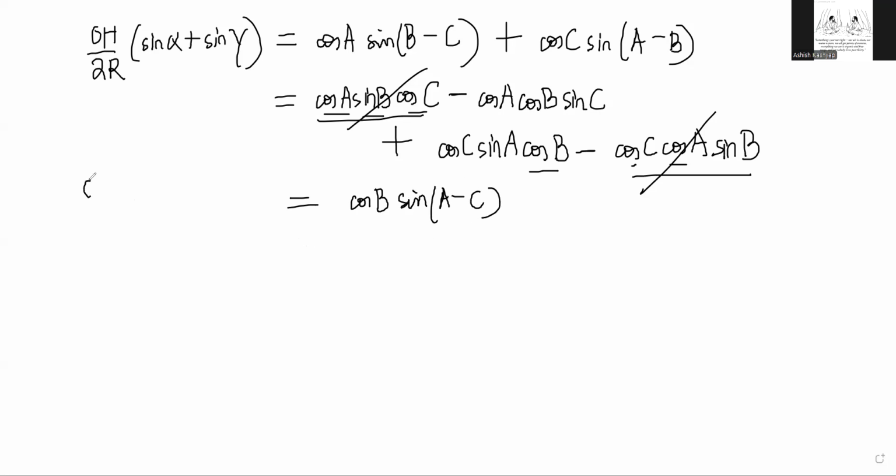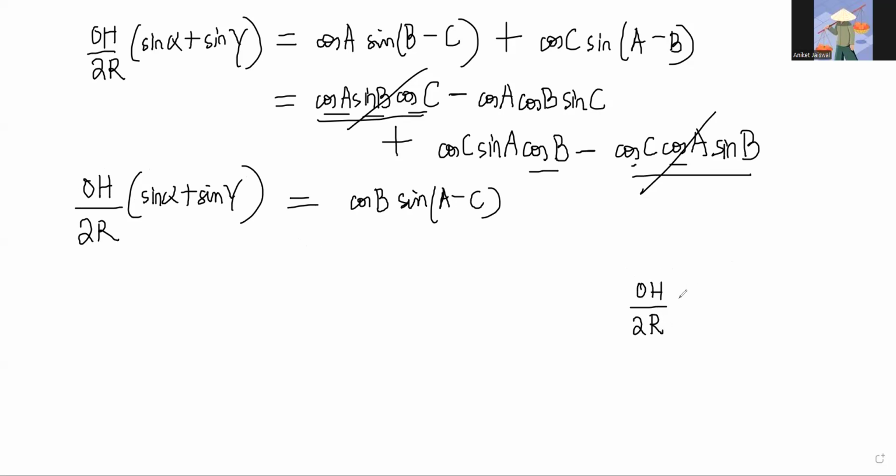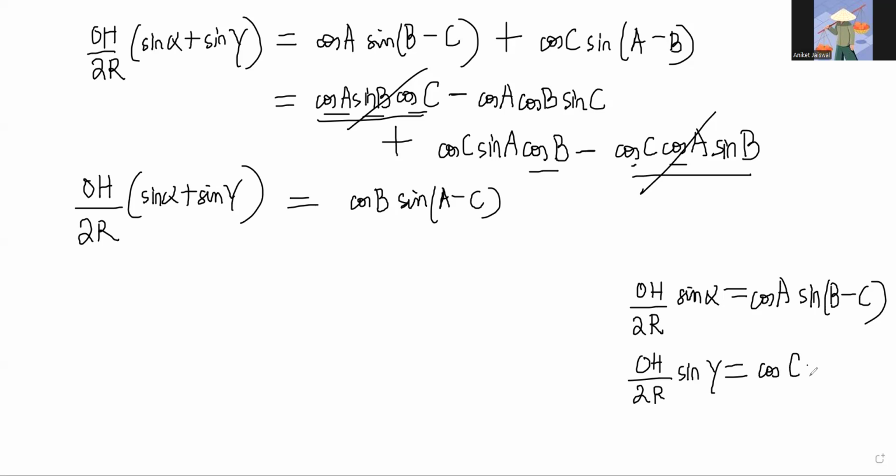Now, if you remember the pattern that we have gotten so far, the first term was OH by 2R sine alpha, which was coming as cos A sine B minus C. The second one was OH by 2R sine gamma, sin gamma is cos C, which was coming as cos C sine A minus B. This is the same pattern.